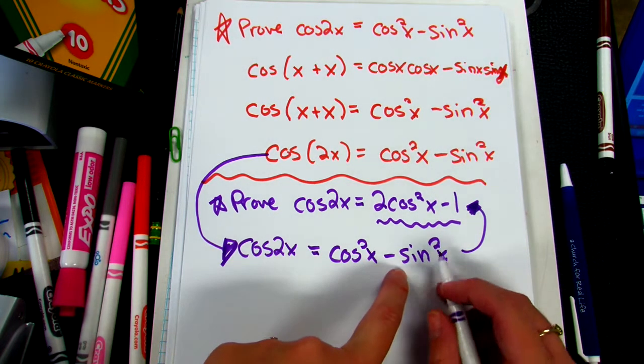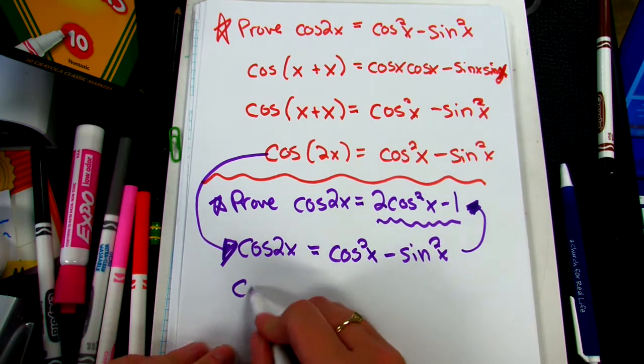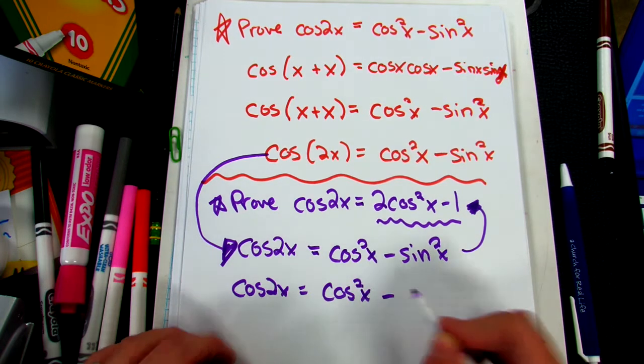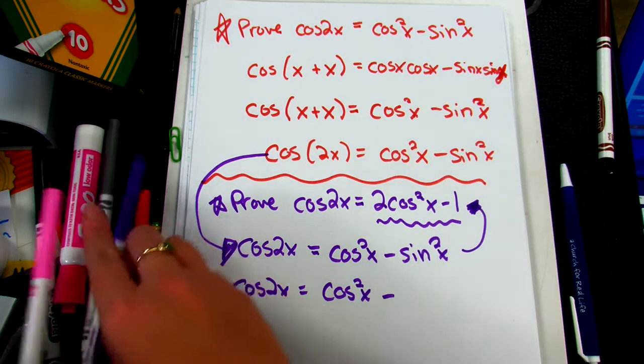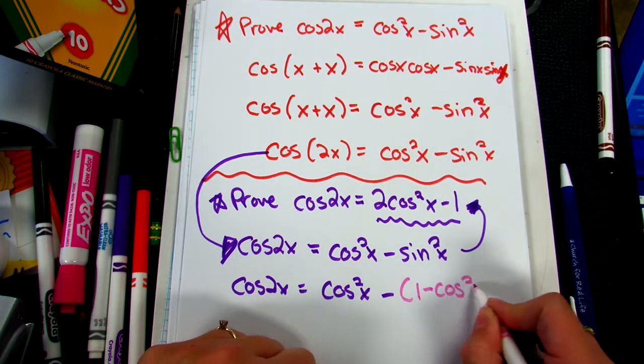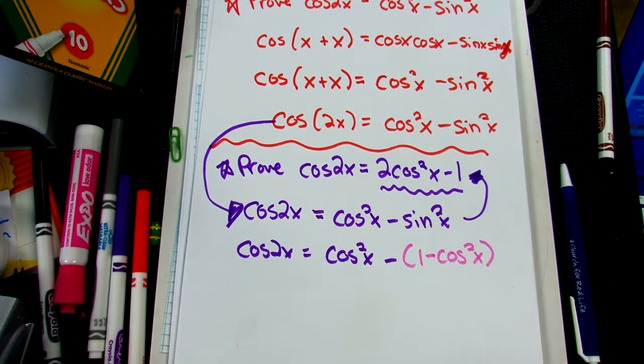We know that sine squared x has an identity. Instead of saying minus sine squared x, I can say minus the quantity 1 minus cosine squared x. Sine squared x is equal to 1 minus cosine squared x. That was one of our Pythagorean identities.